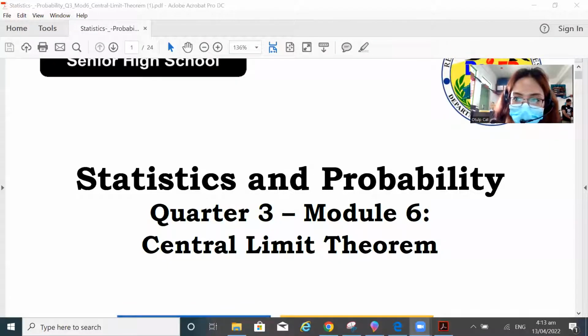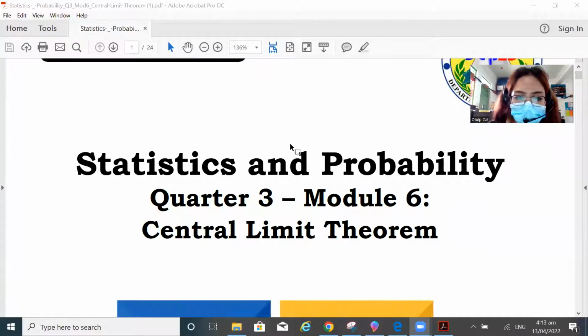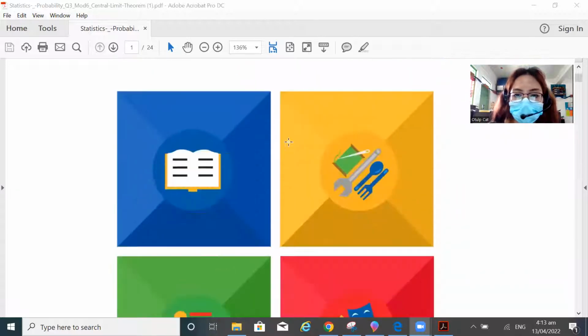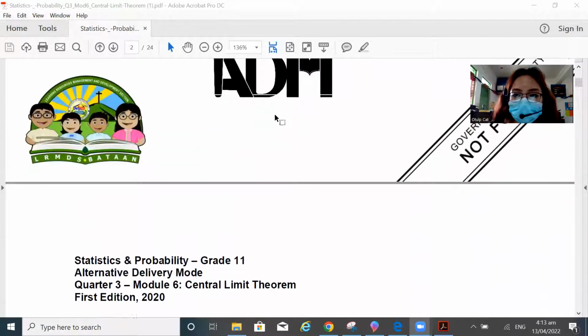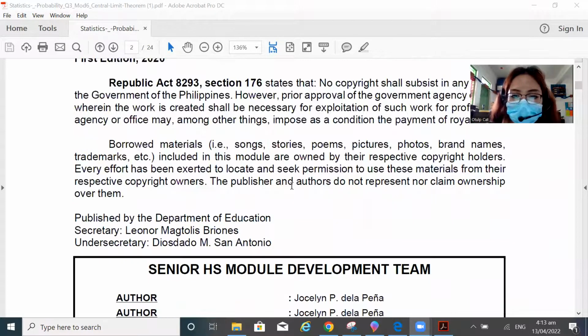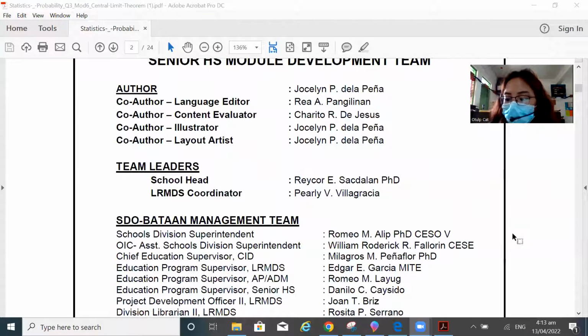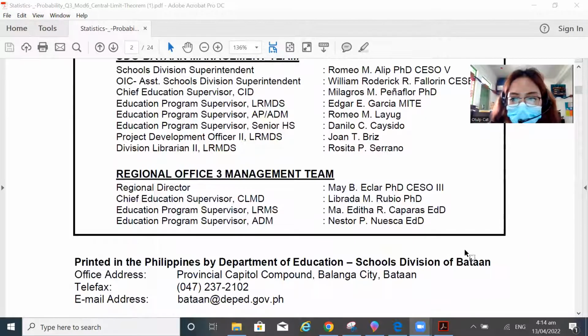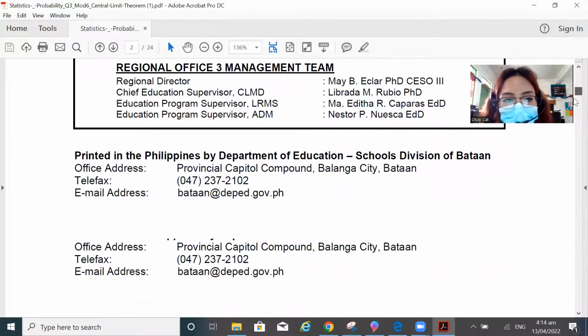I am sharing my screen, and I'm going to talk about the 6th module in Statistics and Probability, titled Central Limit Theorem. I have sample calculations here in the module.